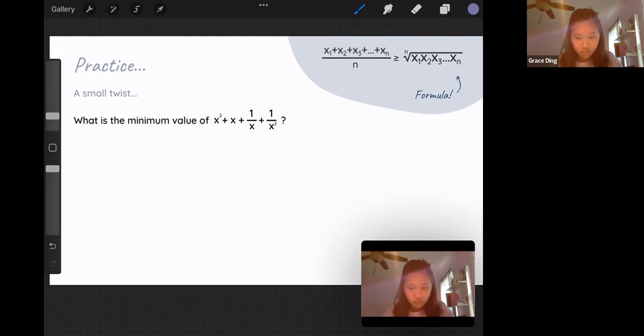I'll just give you guys a hint. We have 4 terms in here. So if you plug it into the formula and turn this into a 4, since there are 4 terms, and also put a 4 there, you should get an answer.